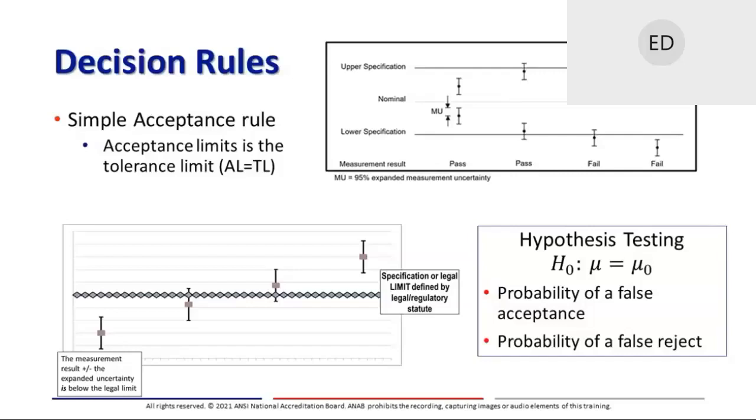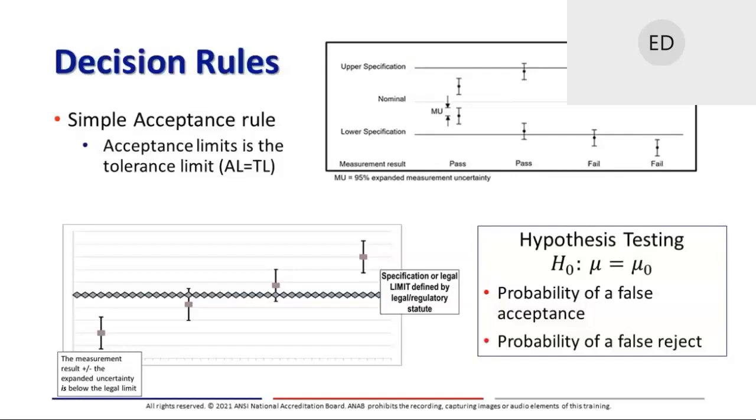So for example, for many measurements that are made in forensics, it is pretty black and white. We do simple acceptance where we have a known legal specification. For example, illegal weapons are 16 inches or less.